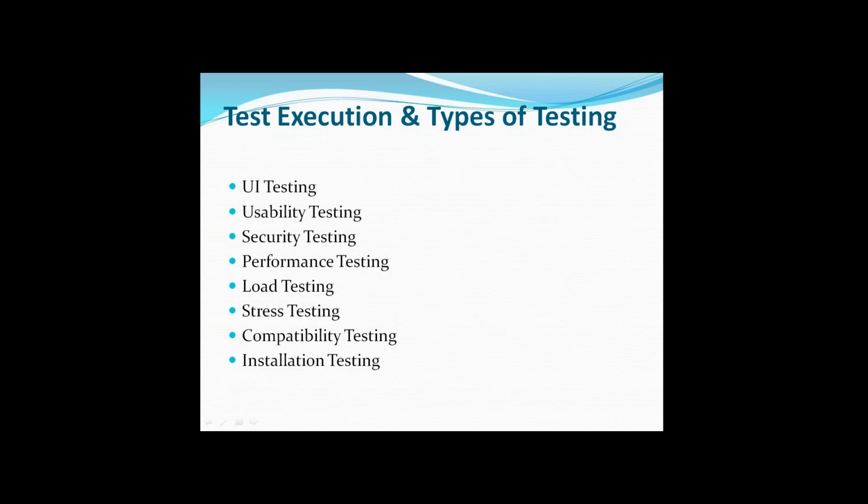They mention browser testing on IE 11, IE 10, IE 9, Chrome 40, 41, 42, 43, and Firefox. They mention only three browser types, so we test only those three browsers. No need to test other browsers.